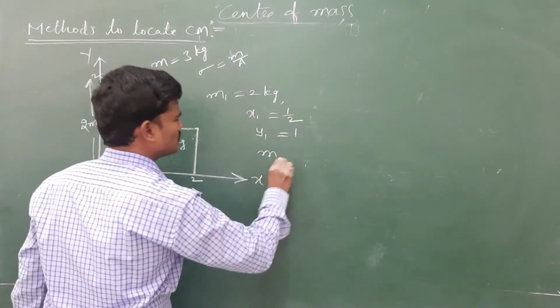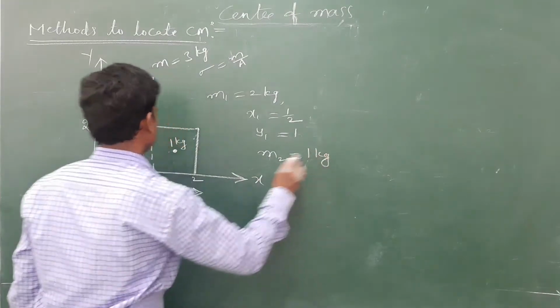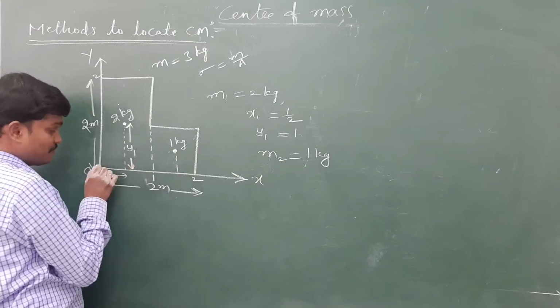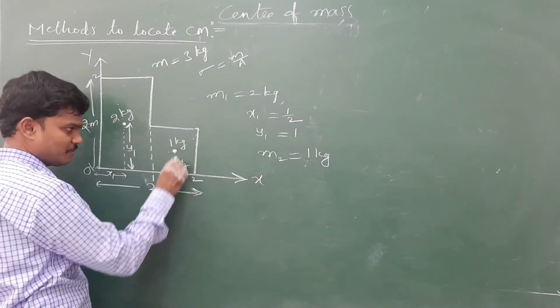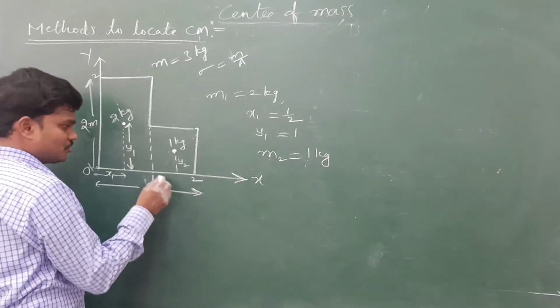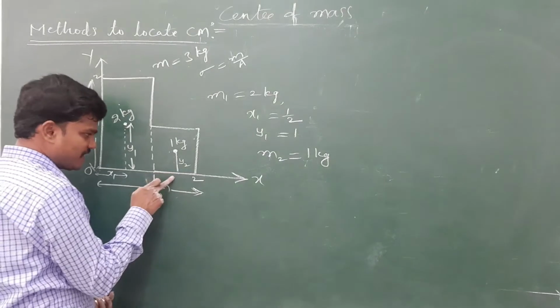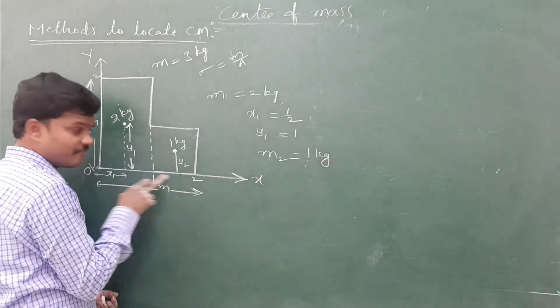Coming to M2. M2 is 1 kg. Here, from this to this is x2, and this distance is y2. To find x2, it is very simple: take the initial value and final value for this object. Initial is 1, final is 2.